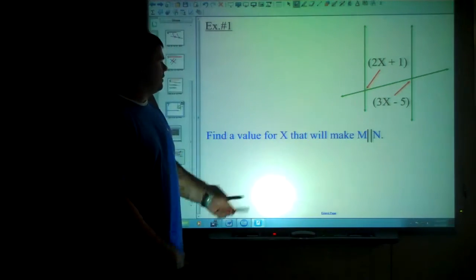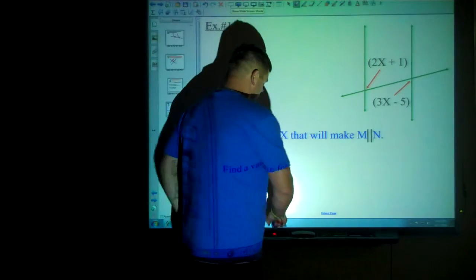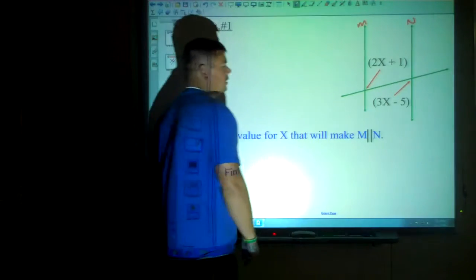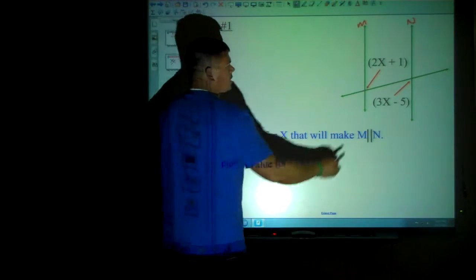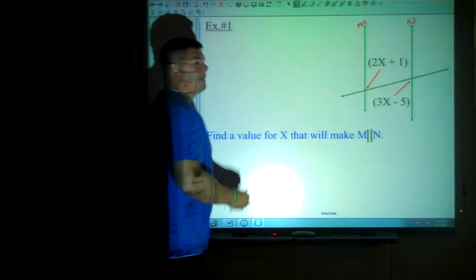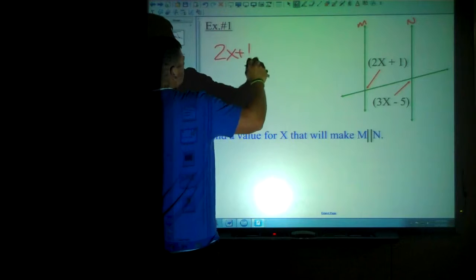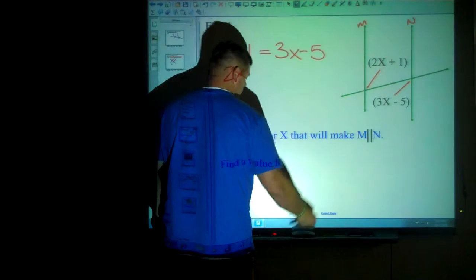We need to decide what value for x would make these two lines, M and N, parallel. In order for them to be parallel, the alternate interior angles must be congruent. Therefore, 2x plus 1 has to equal 3x minus 5.